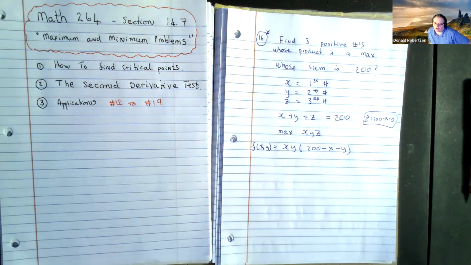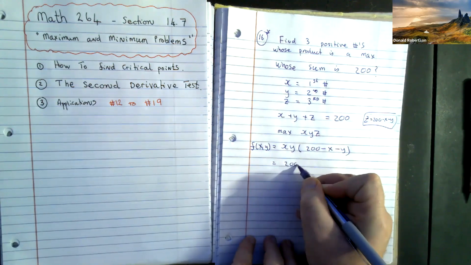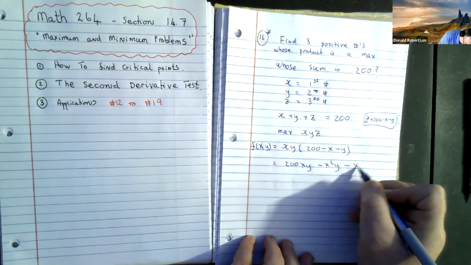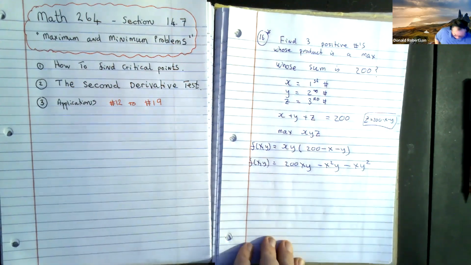Now, if we are unlucky and find 2 critical numbers, then we'll have to check which one's the big answer and which one's the small one. If we're lucky enough to find only 1 answer, then that must be the one that we're looking for, which is what I suspect is going to happen. I'm going to rewrite this guy that way, because it's just going to make life a little bit easier to deal with.